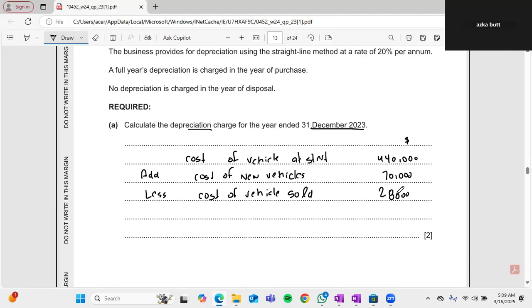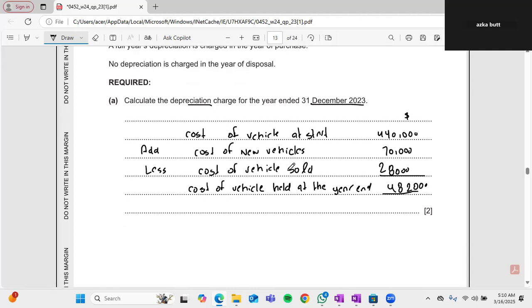So you will get the cost of vehicles at the year end. This is equal to 482,000. Now just apply the 20% straight line method on this, so you'll get the answer for the current year's depreciation.